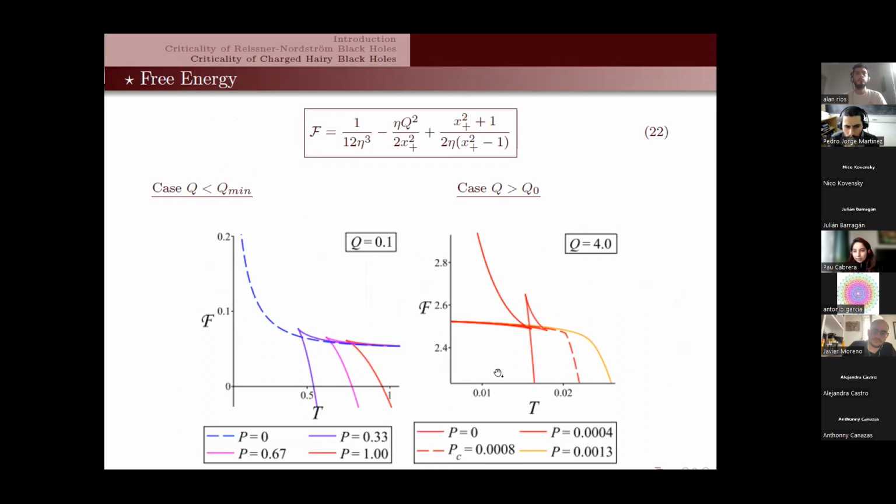For the bigger values of Q, we see again this swallowtail behavior and a similar phase transition as the charged black holes, which represents the large-small black hole phase transition. Also, it is important to notice that here we observe extremal black holes given by zero temperature.